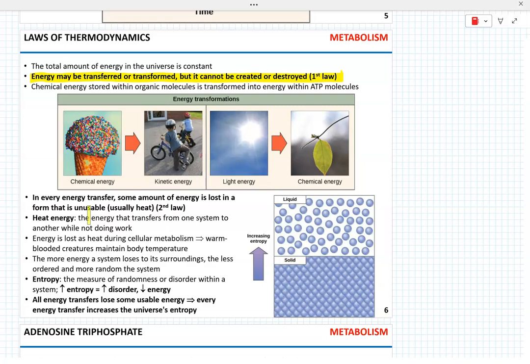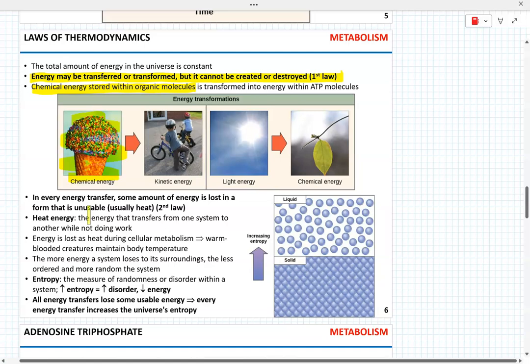For example, chemical energy that is stored within organic molecules, such as glucose, this ice cream here, is transformed into energy of chemical bonds within the ATP molecules, which then will be used by muscles to produce kinetic energy. Light energy is converted in the process of photosynthesis into the chemical energy of cellulose, chemical bonds in cellulose within the plants.